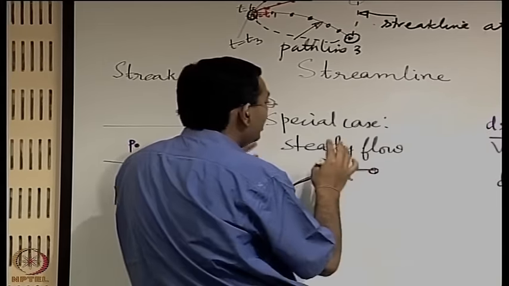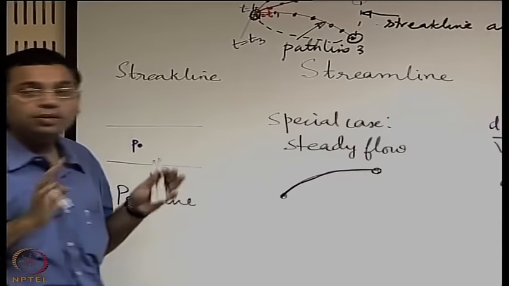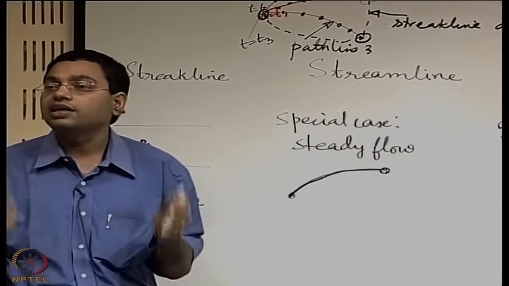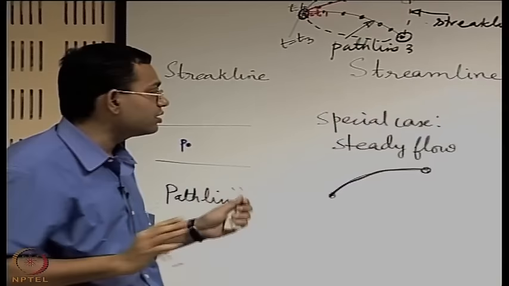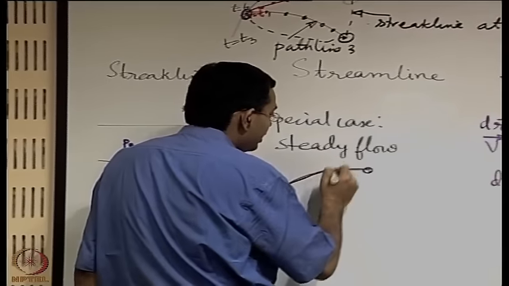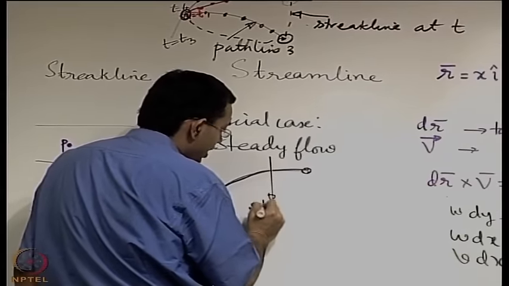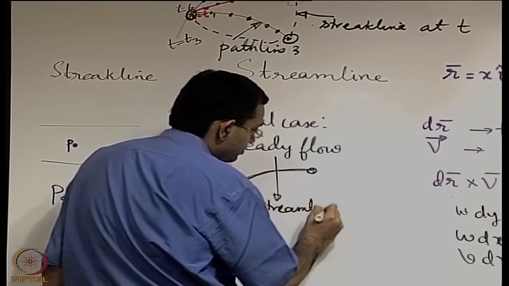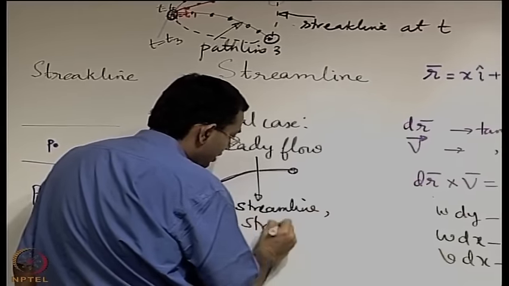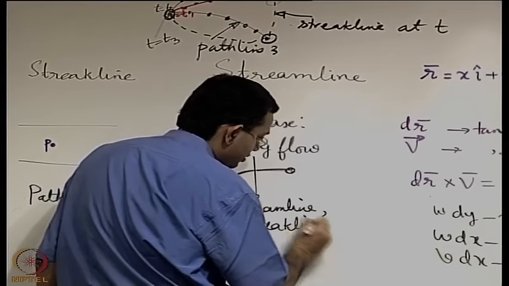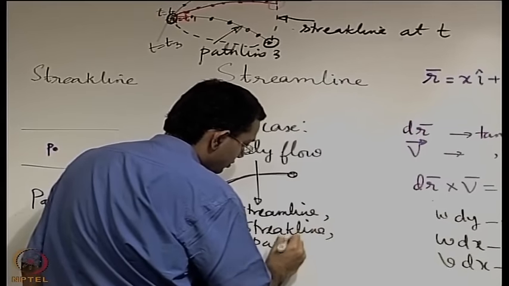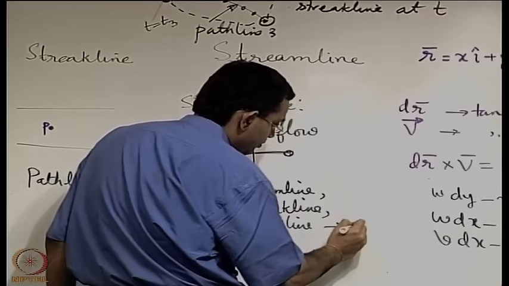So we can say that for steady flow, streamline, streak line and path line are identical. That is one very important concept that we should remember, that in this case you have streamline, streak line and path line are identical.